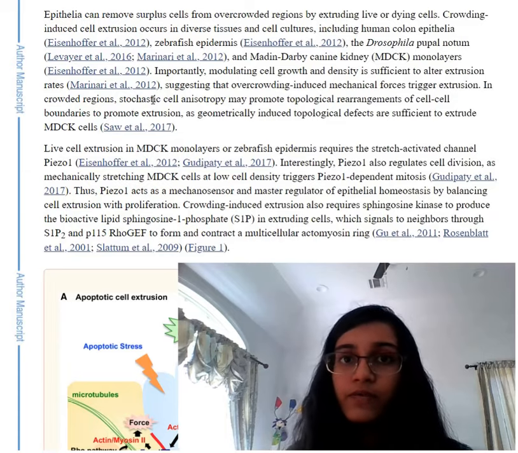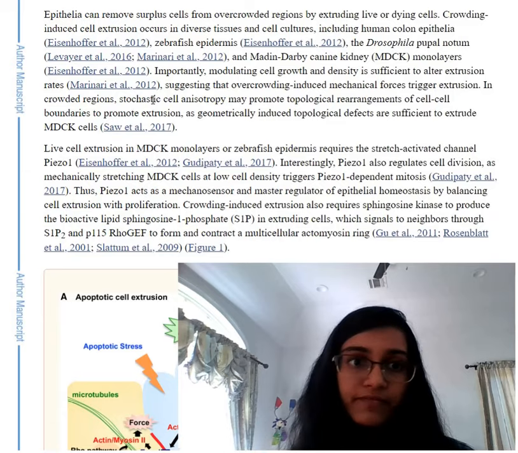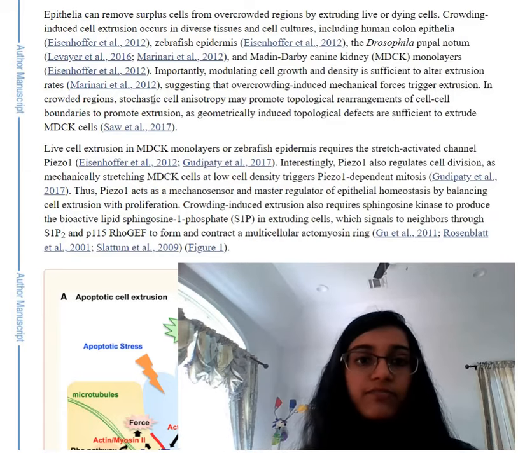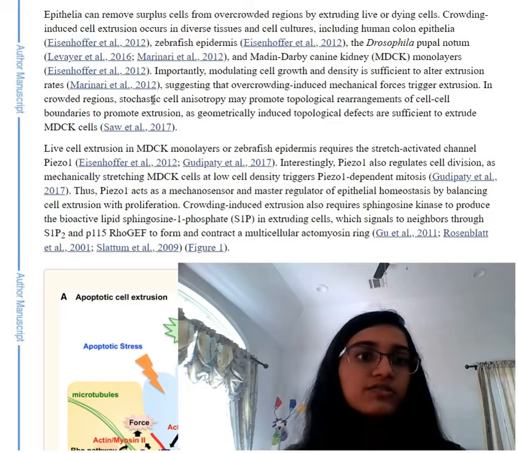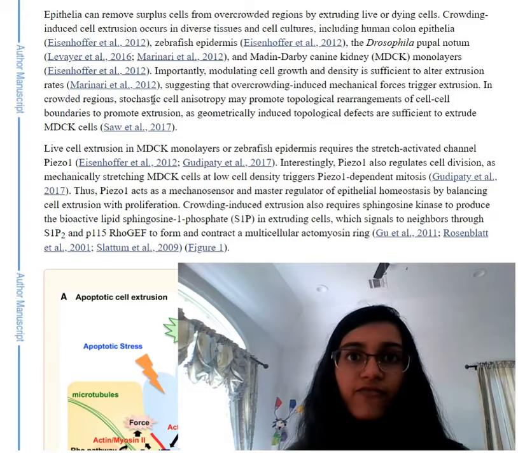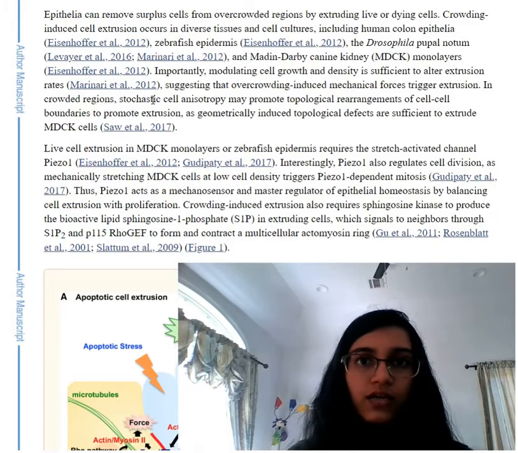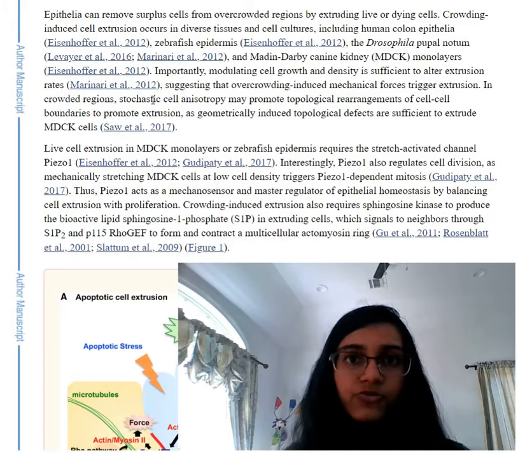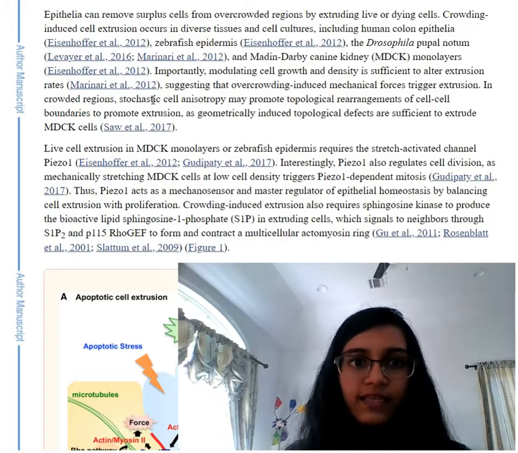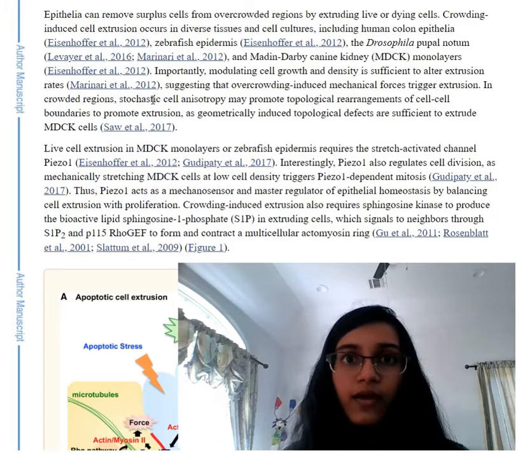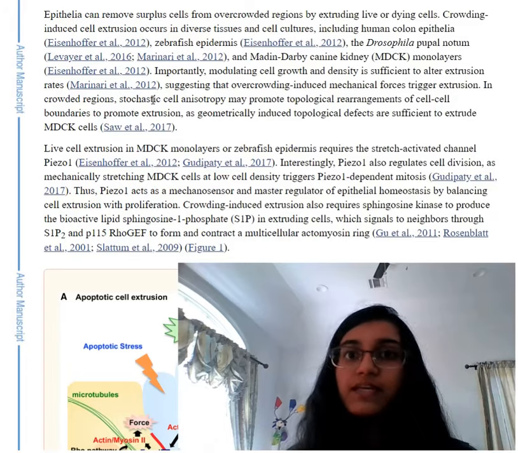You don't necessarily know where a particular branch is going to be. So it's much the same with cells. In crowded regions, when you have stochastic cell anisotropy, so random cellular growth in different directions, you want cellular extrusion because this kind of cell growth may not be regulated. So you need to get rid of that.